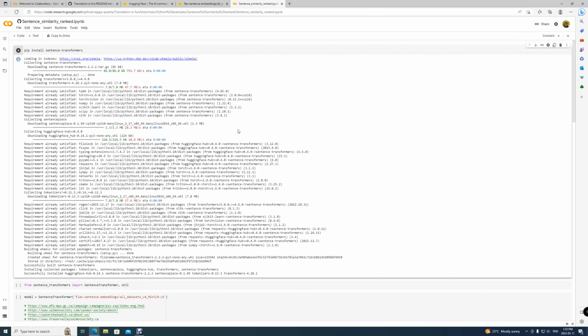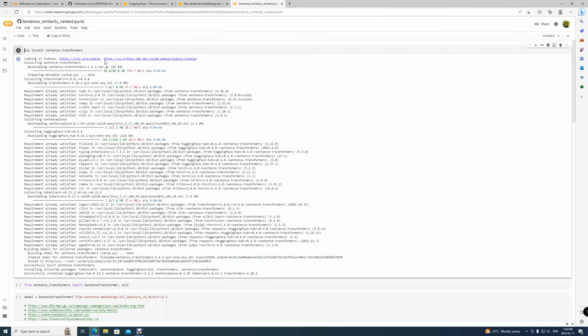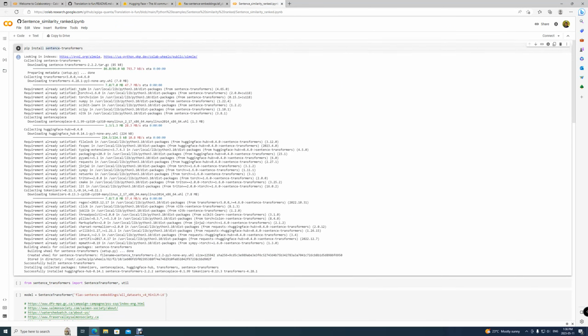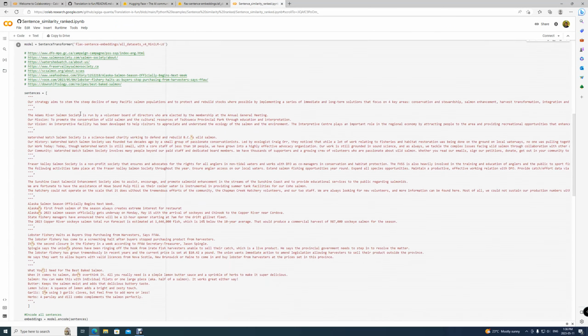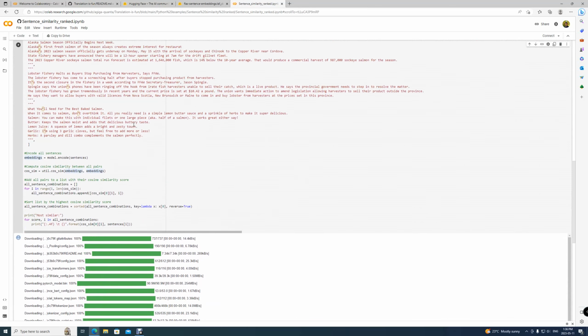With our second example, also using the same model and the same source, the initial part of the code, from pip install to importing the packages, is all similar, all the way until our sentences.